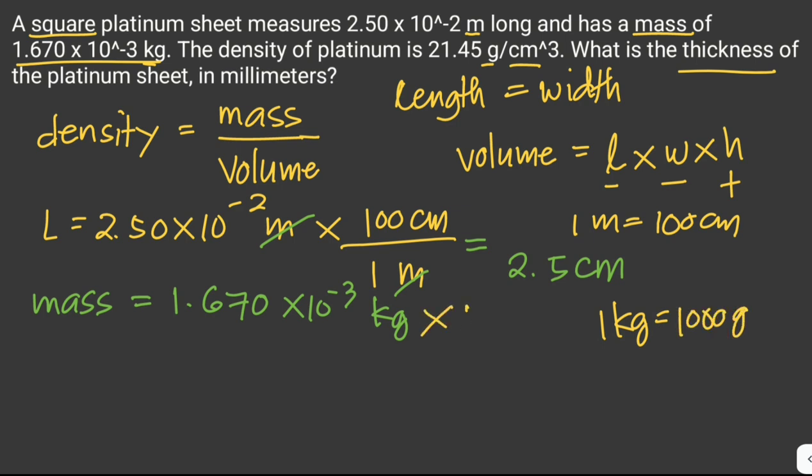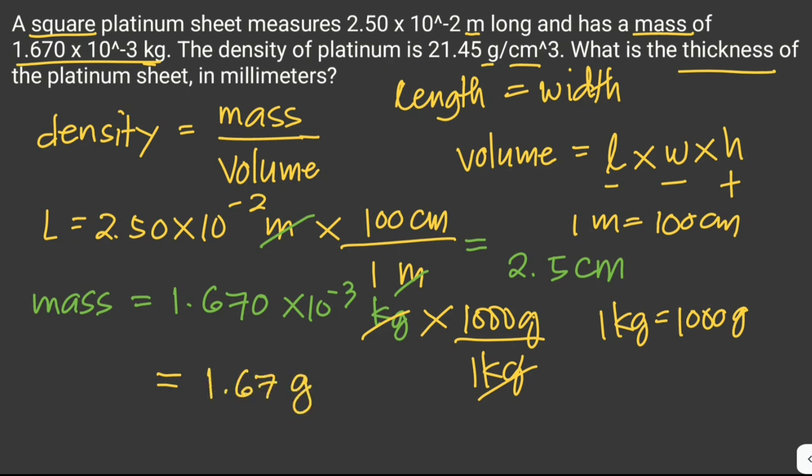So we multiply this by 1,000 per 1 kilogram, and then the kilogram unit here cancels out. So we just multiply 1.670 times 10 to the negative 3 times 1,000. This would give us 1.67 grams. All right, so we've already converted all the units, and now we can solve for the thickness.